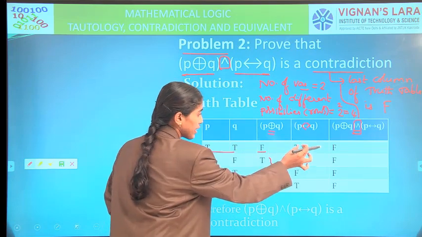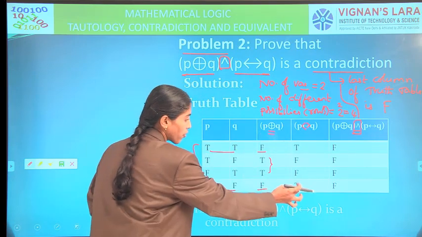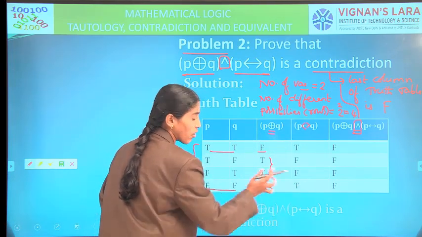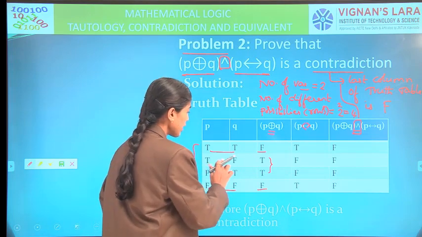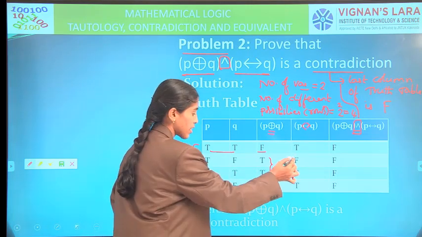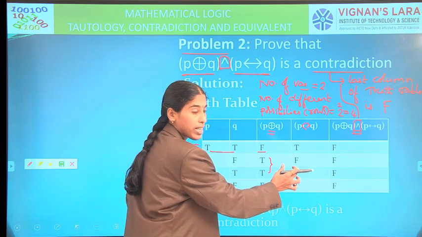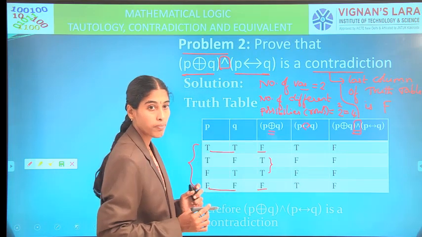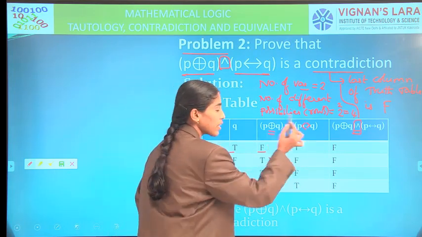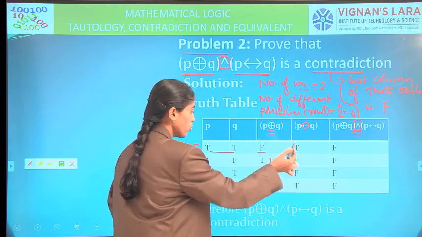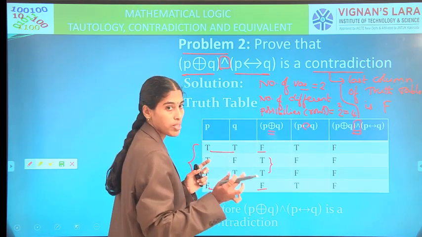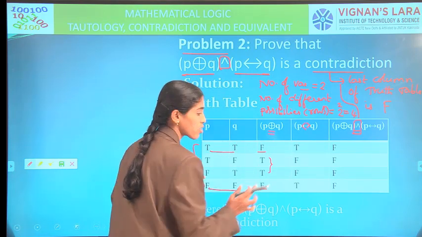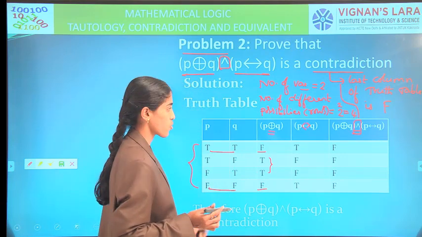So TT it is T. FF, if both are the same identical values, true. TF case is F. FT case is F. So P biconditional Q is true in the first case, where both have identical values, and in the last case, where both have identical values.